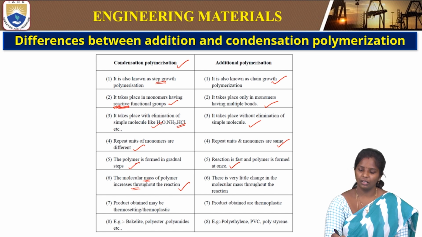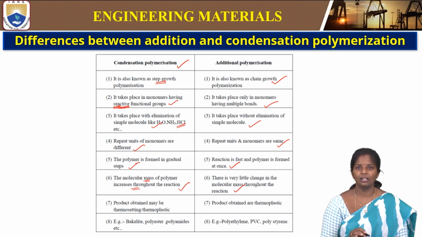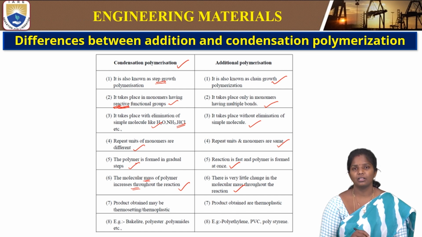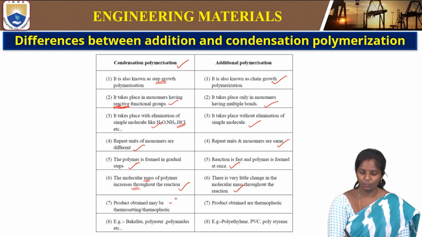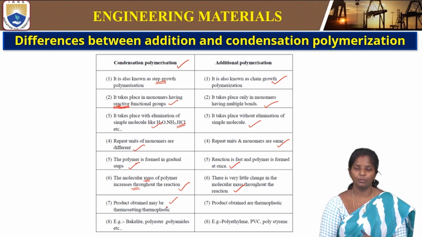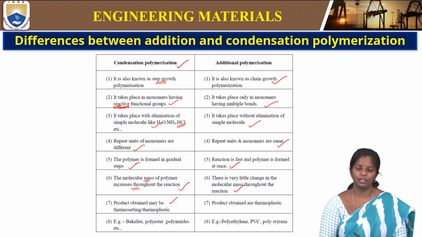Whereas in addition, we are using only one single monomer, so there is very little change in the molecular mass of the polymer formed. The product from condensation may be thermosetting or thermoplastic, whereas addition polymerization only gives thermoplastics. That is how the reaction takes place and the properties vary.